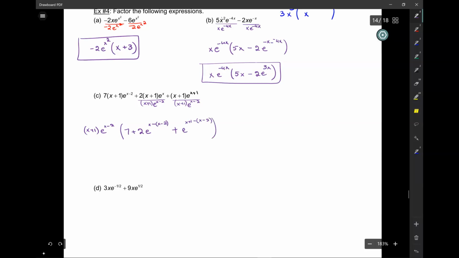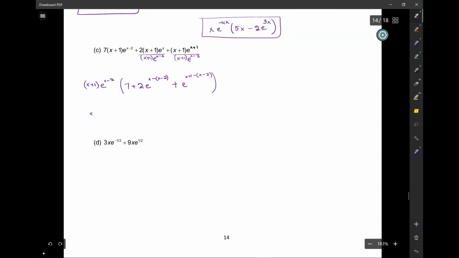Go ahead and write them down in the beginning. Better to write them down than get them wrong. I will not think you're any less of a student if you show work. So this is x plus 1, e to the x minus 2, 7 plus 2e squared plus e cubed. And there you have it.